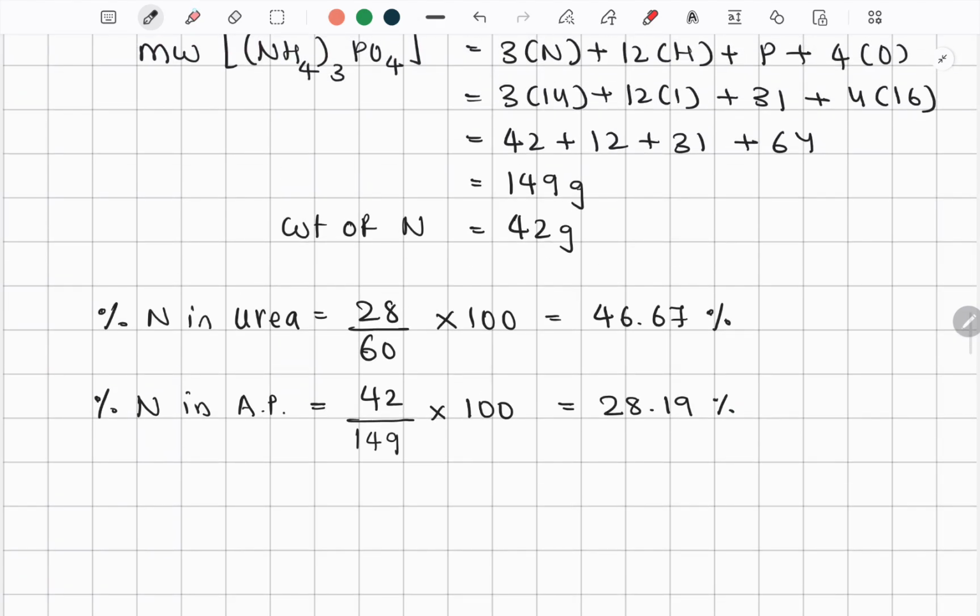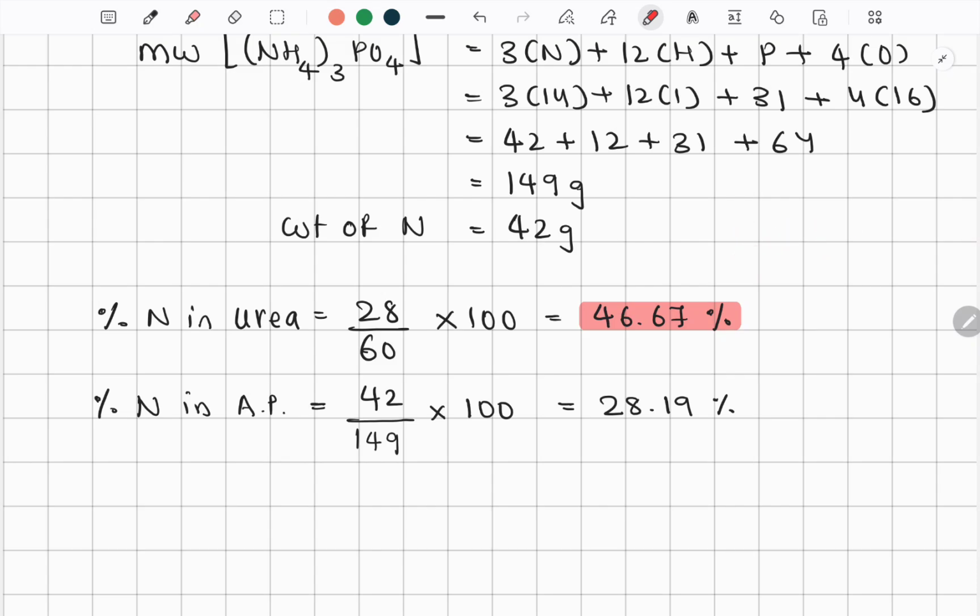That means urea has the higher percentage of nitrogen in it. So the winner over here is urea, and a higher percentage of nitrogen means it is the better fertilizer.